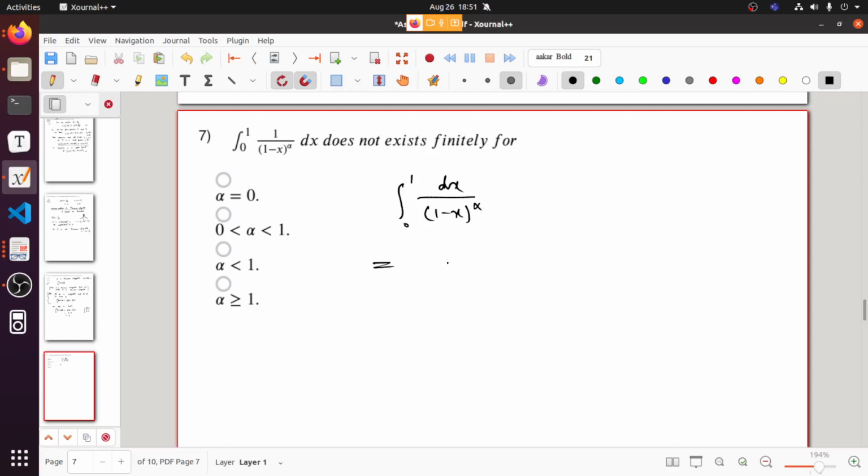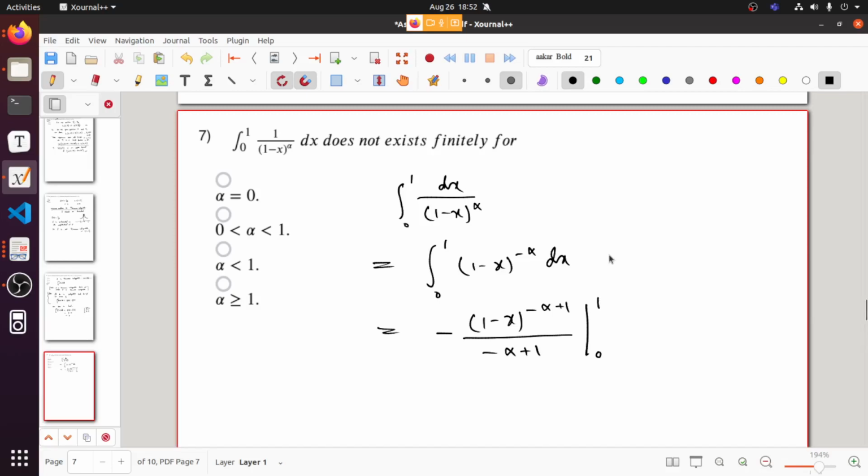If you do the integration, you can write the integral from 0 to 1 of (1 minus x) to the power minus alpha dx. If you integrate it, you will get minus (1 minus x) to the power (minus alpha plus 1) divided by (minus alpha plus 1), from 0 to 1.